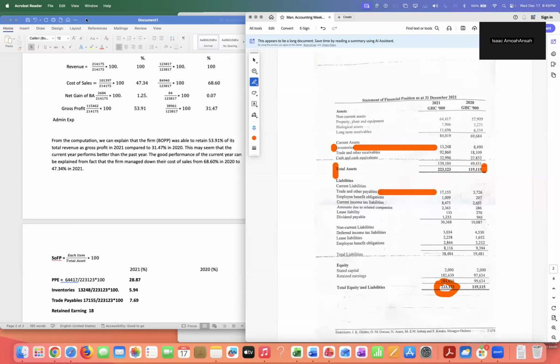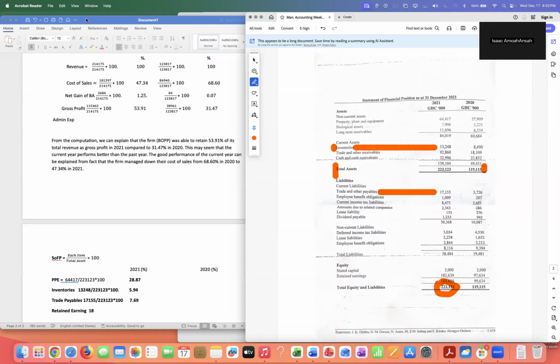So for vertical analysis, for financial position, the benchmark says that each and every item ought to be divided by total assets, so we can know the contribution of that particular item to your total assets.